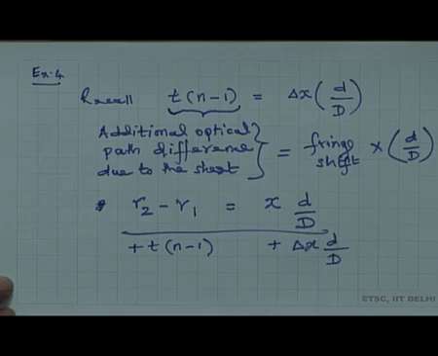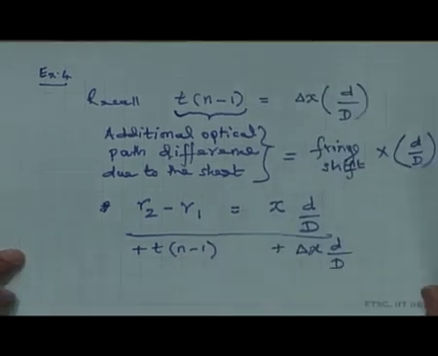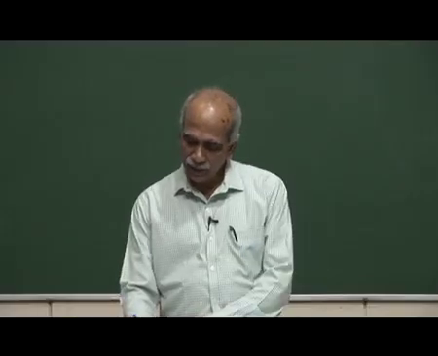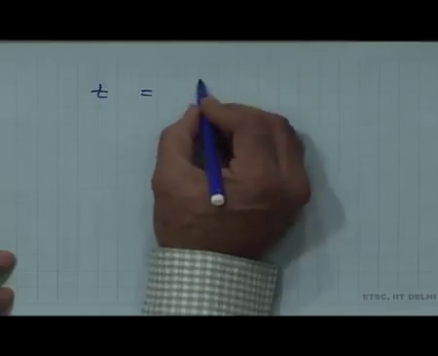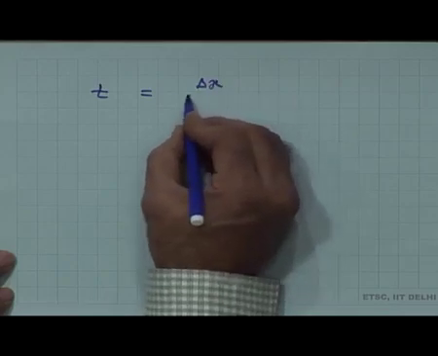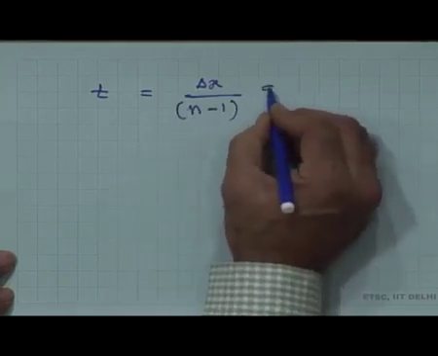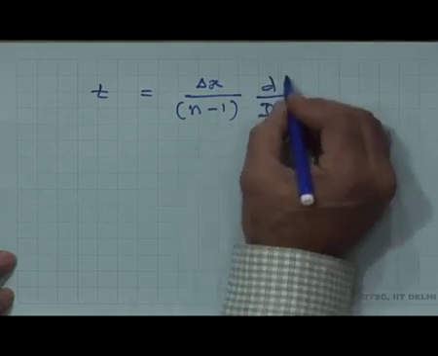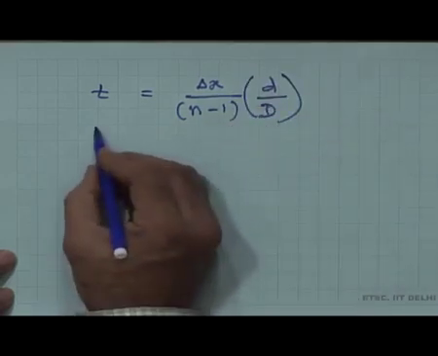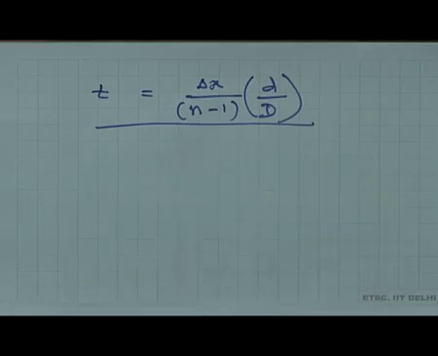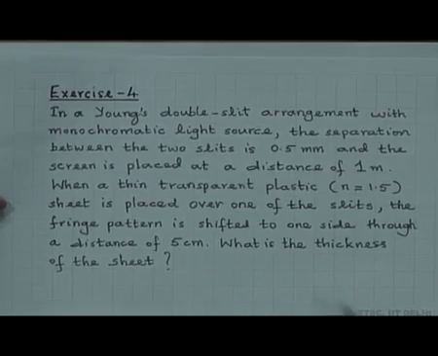We have been asked to calculate the thickness of the film, and therefore the thickness T is equal to delta x, that is the fringe shift, divided by n minus 1, into d divided by D. So, all the parameters are given. We look at the problem again.